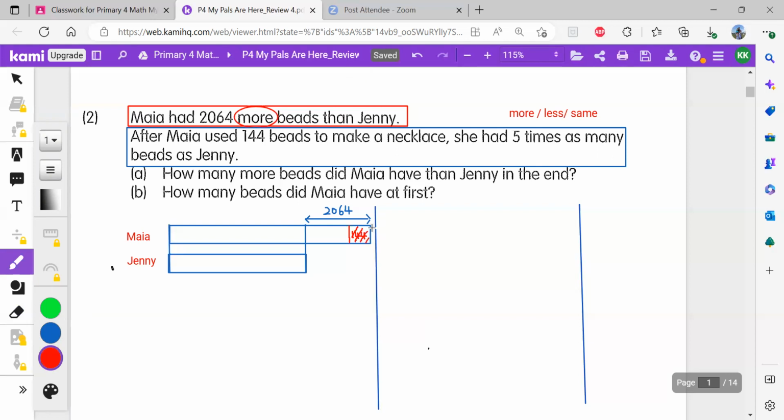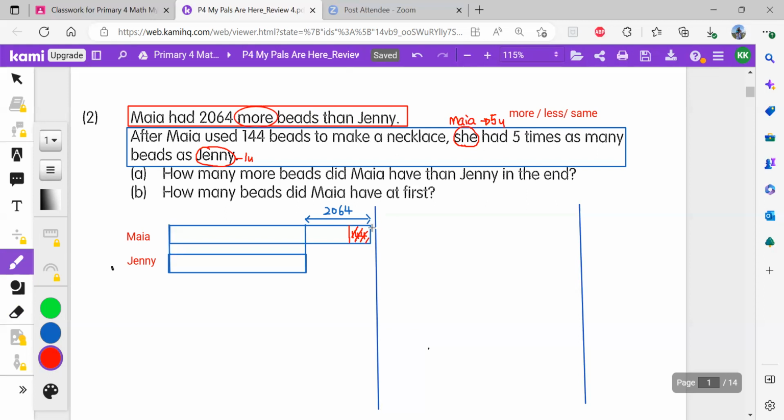After she has used up, she has 5 times as many as Jenny. How do I show that? This 'she' is referring to Maya. It means Maya is going to have 5 units and Jenny is going to have 1 unit. The second person is always 1 unit.